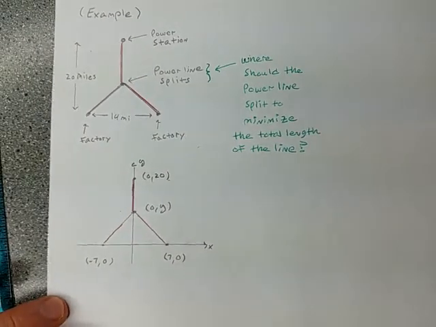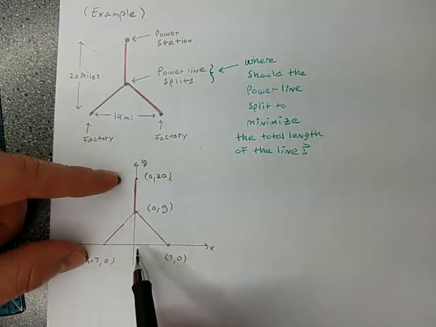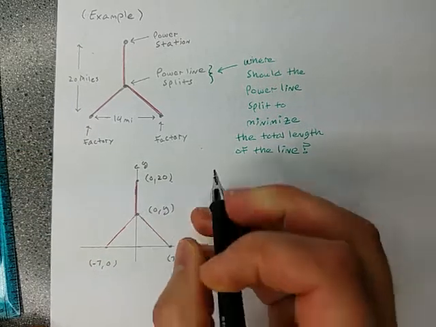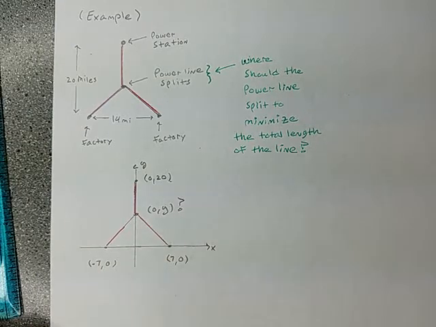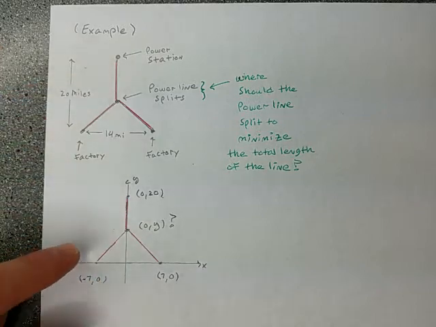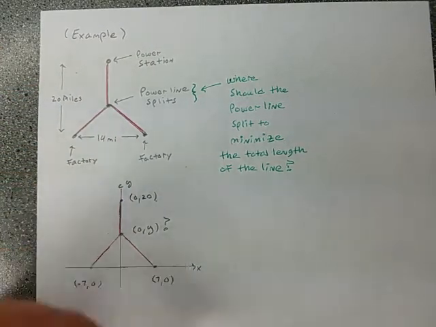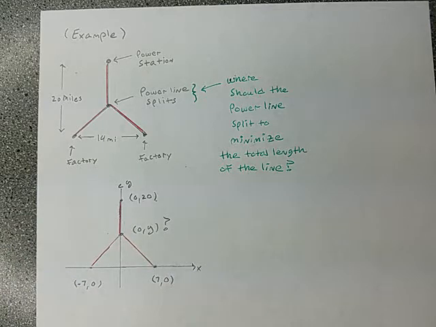Now, still, these are 14 miles apart, and the power station is 20 miles that way. And where does the split occur so I can minimize the total length of the power transmission line that I'm running from here to there and there? Okay? All right.